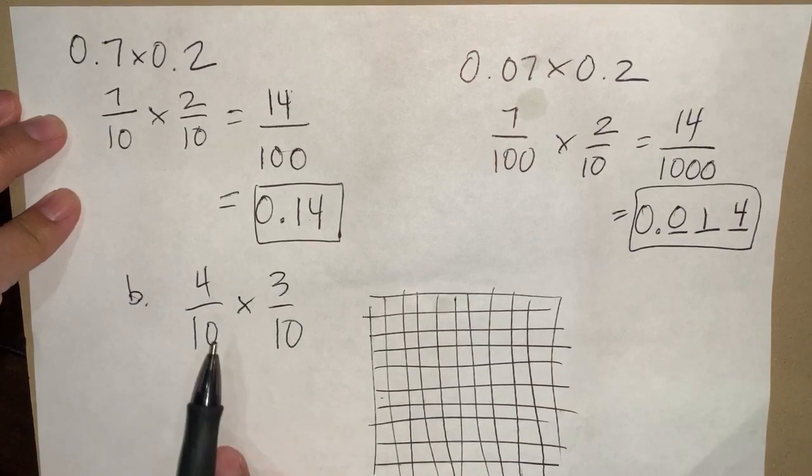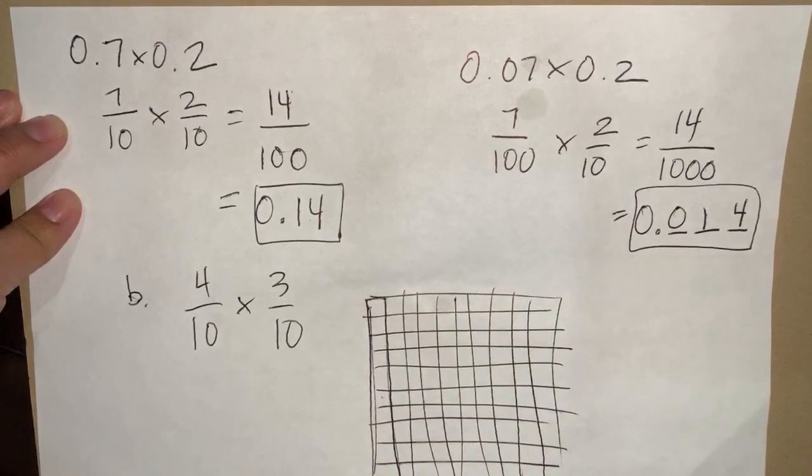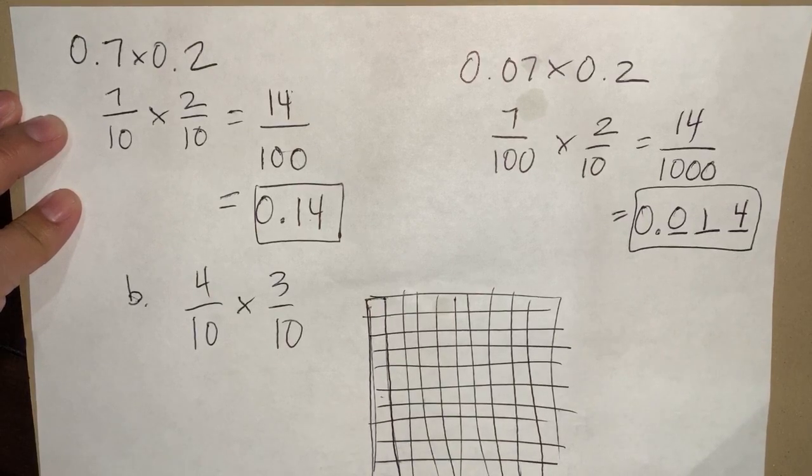Okay, so you're going to go ahead and do 4 tenths. One whole stick here is 1/10, so you need 4 of them. 1, 2, 3, 4. So this is 4 tenths, and then we're going to do 3 tenths.